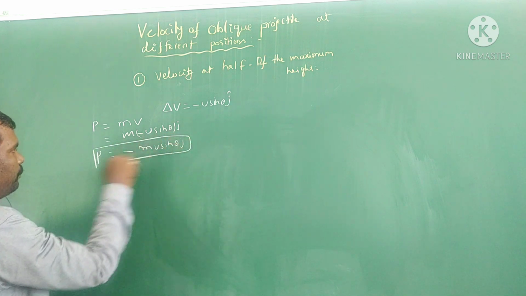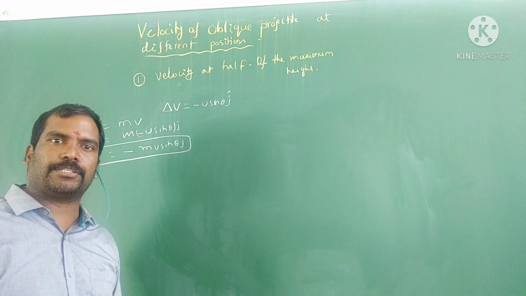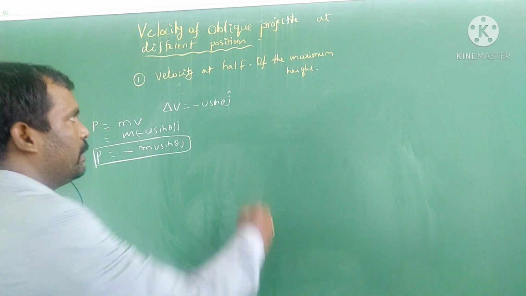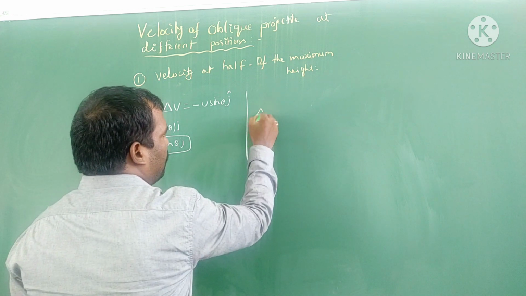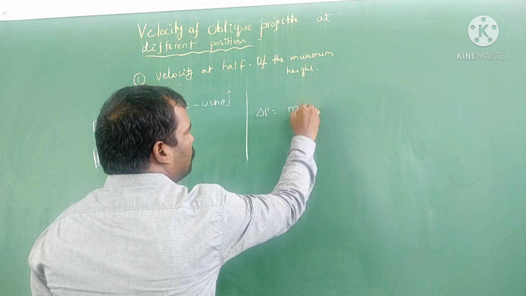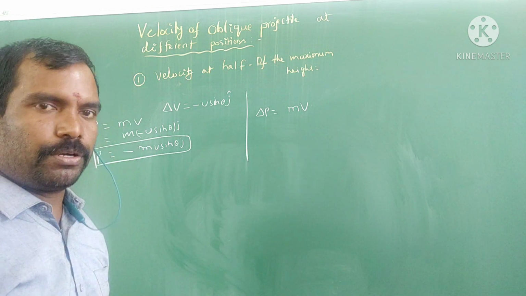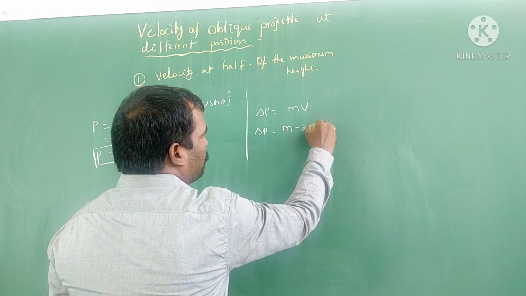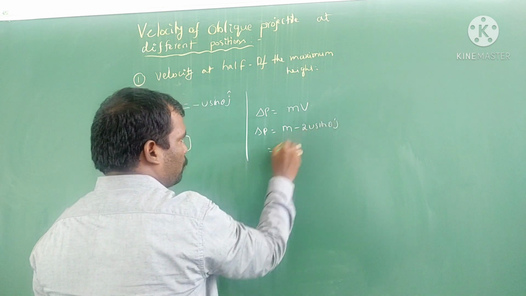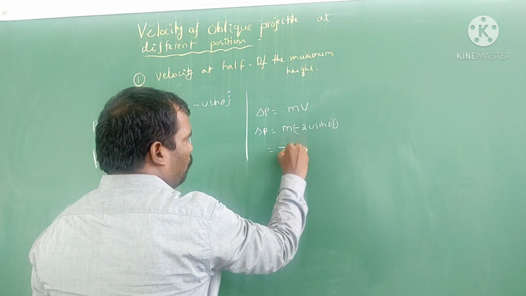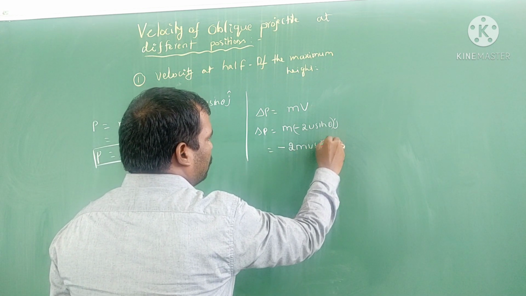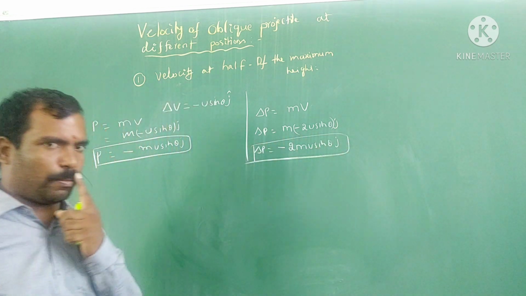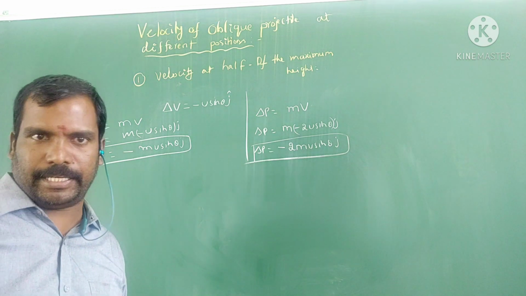This is the momentum change from the point of projection to the maximum height. Whereas for the whole journey, delta P is equal to mass into velocity. Previously I wrote delta V is minus 2u sin theta j, so delta P gives us minus 2m u sin theta j. This is the change in momentum for the whole journey.